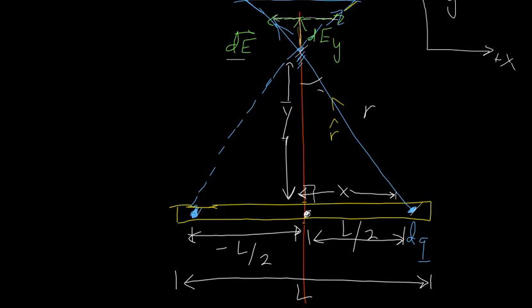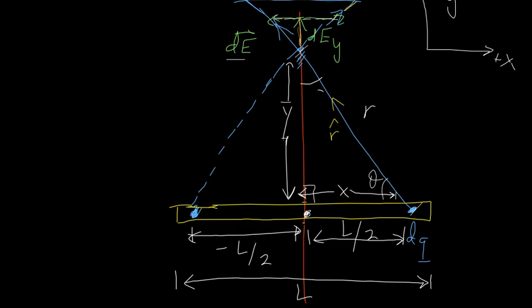Yeah, my theta was drawn in the wrong place. It should be drawn over here to get y over r. Theta is drawn from the infinitesimal charge element. Okay, so we've got that. All right, so that's my theta. Therefore, sine theta is y over r.